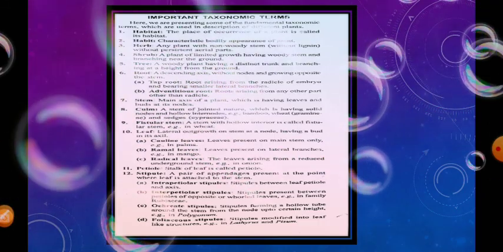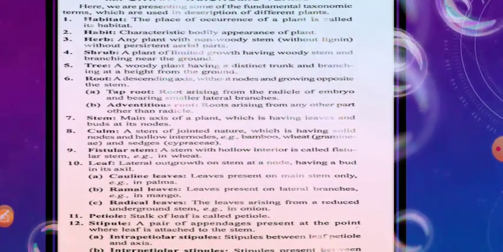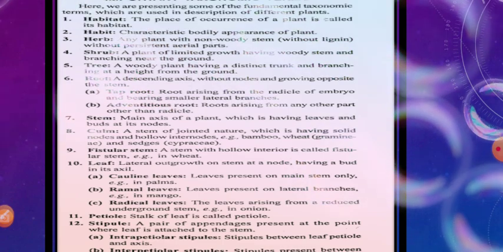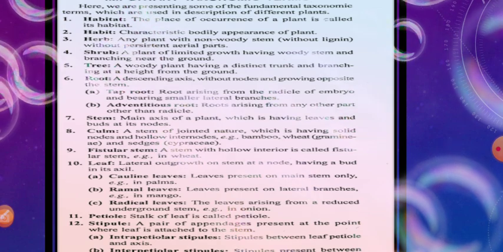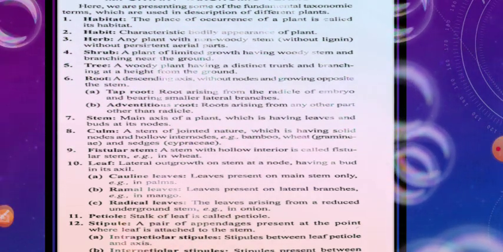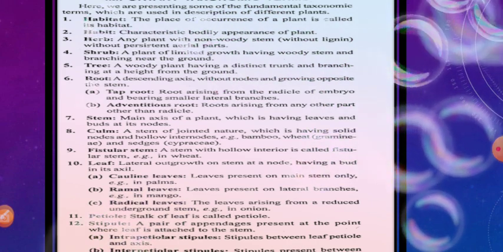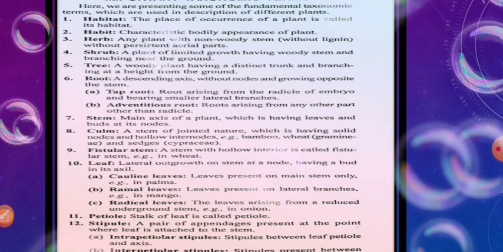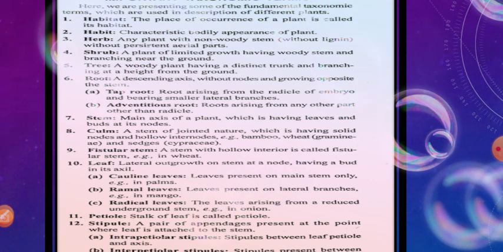Here are some important taxonomy terms, like habitat. We mostly use it in our taxonomy studies, because when we collect any plant or study any plant, first of all we research its habitat.